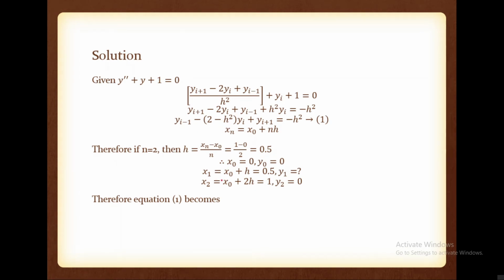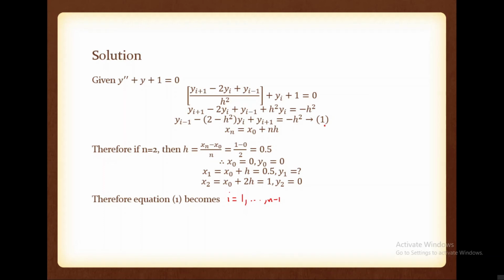Now in the previous slide I told you we have to substitute i equal to 1 to n minus 1. But here n equal to 2, so we have to substitute only one value, i equal to 1. So substitute it.